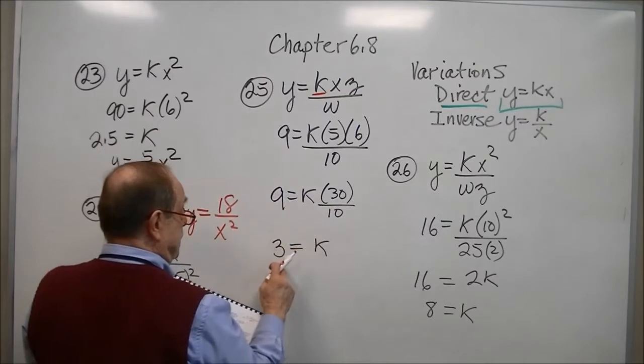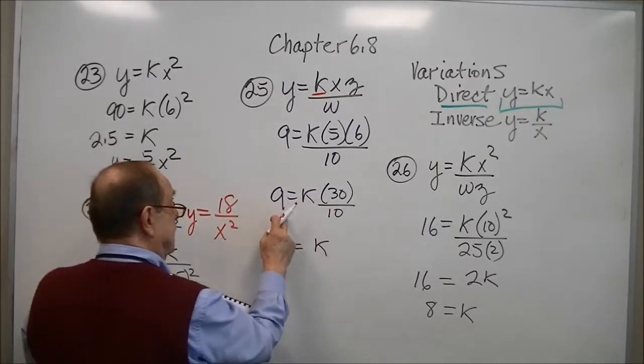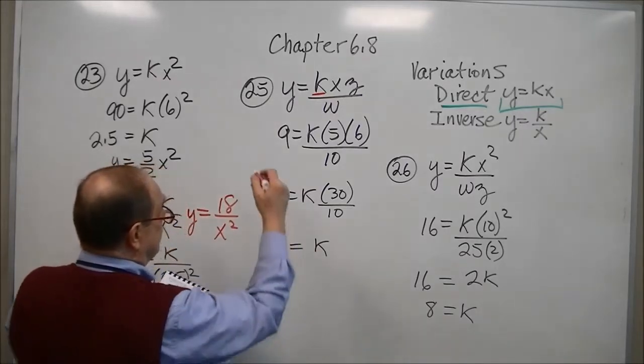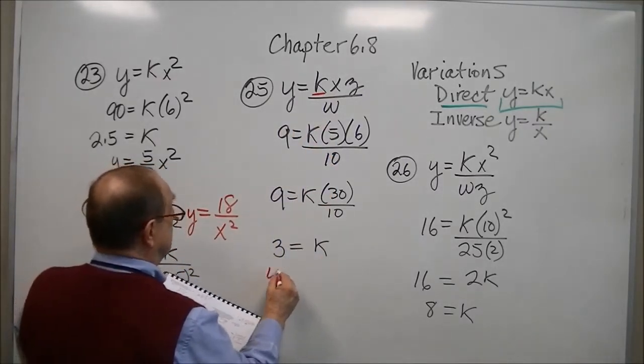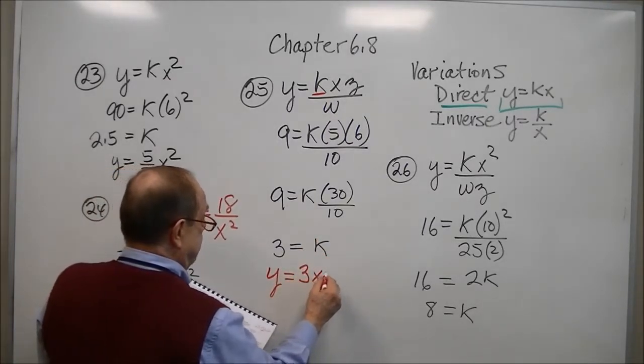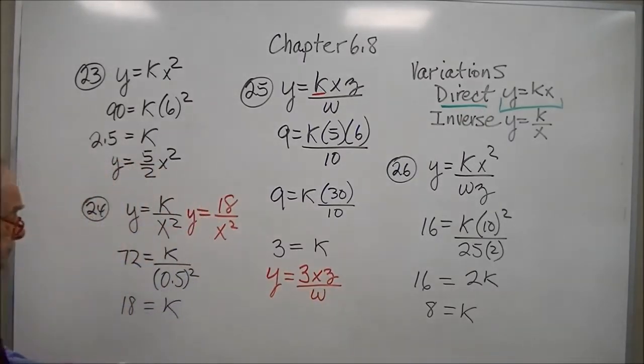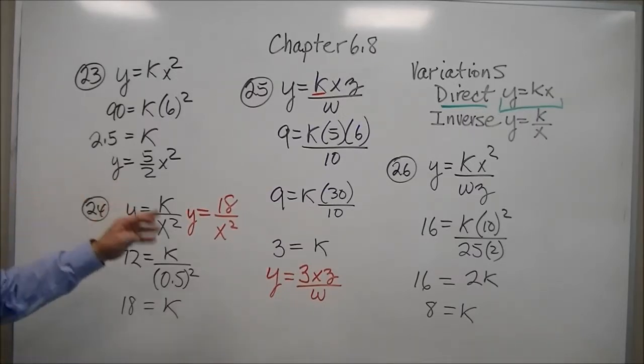Divide both sides by 3, we get k is 3. So 9 divided by 3 is 3. So what will your formula be? Well, it's going to be y equals, k we know now is 3, xz over w. Now if I were going to write these as I was going on, it would be tedious. This makes it quicker, and hopefully you can follow. Remember, you can always go back and look at these examples again.